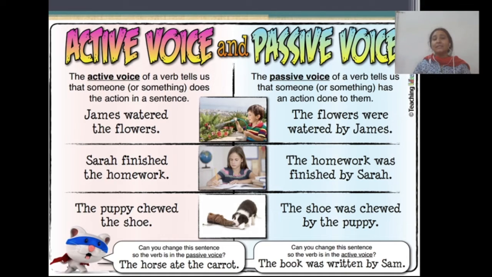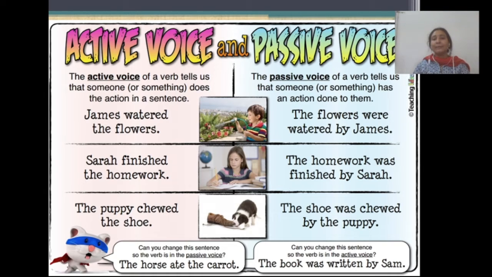Similar is the case with the second. Sahara finished the homework. Now, what action is being done? The homework has been finished, but by whom? By Sahara. And in the passive, we are interested in what has been done. What is the action? So, the homework was finished by Sahara. In the third, the puppy chewed the shoe.